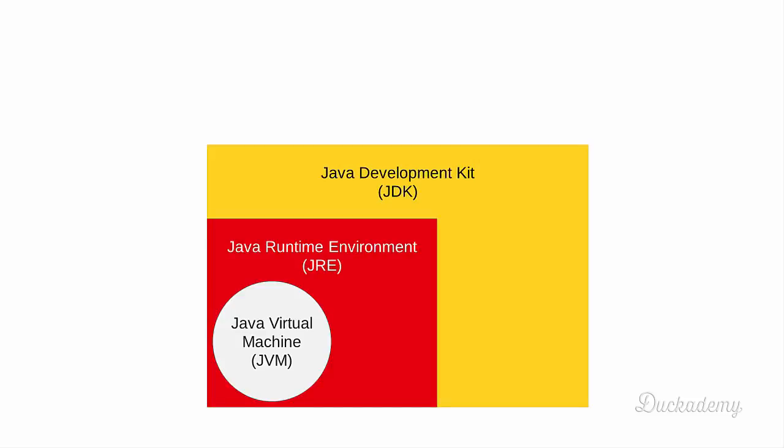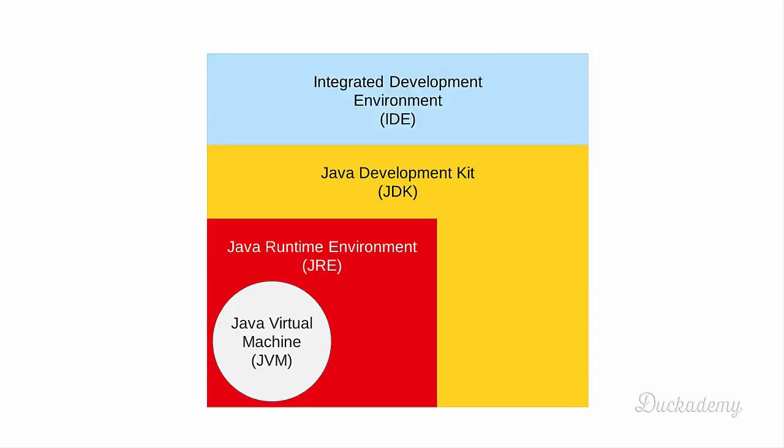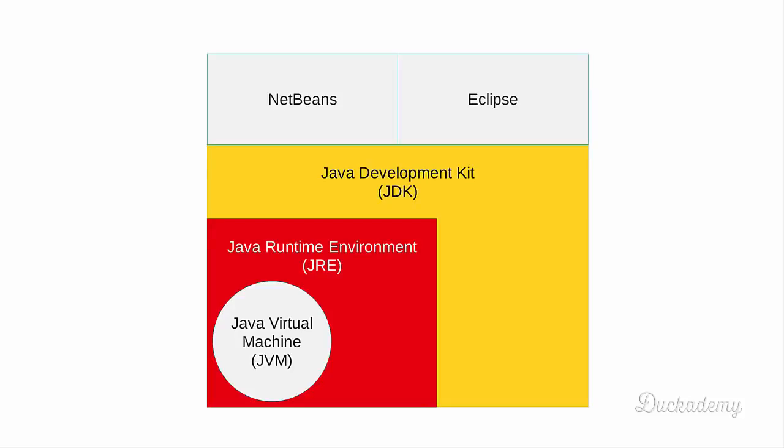This you have to install on your computer. But using this part alone is not so comfortable. It's more comfortable if you use integrated development environments, for example, NetBeans and Eclipse. They are very popular. And because NetBeans is easier to use for beginners, in this course we will use NetBeans.